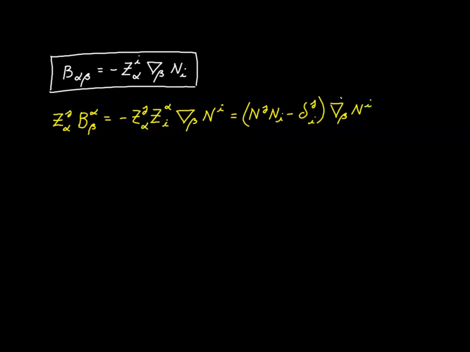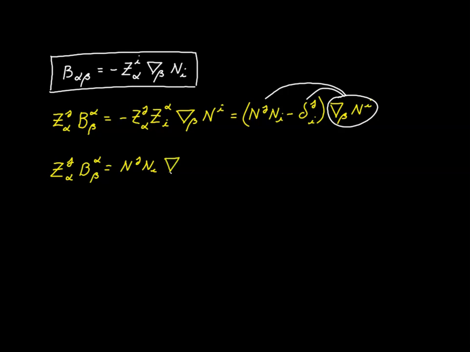Alright, now the next step is to take this term right here and distribute it back into the parentheses to these two terms. So this is what we're going to have. We'll have Zj alpha times our curvature tensor is going to be equal to Nj Ni times this term.